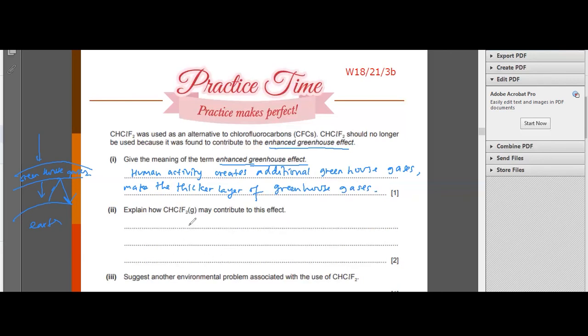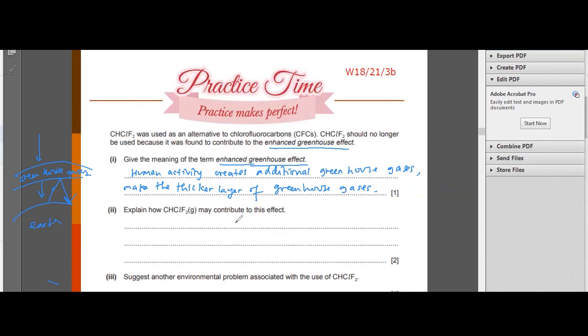Explain how CHClF2 may contribute to this effect. How does it contribute to the greenhouse effect? Once again, what is the greenhouse effect? It prevents the heat from reflecting back to the atmosphere, right? So it turns back to the earth and makes the earth warmer, right?